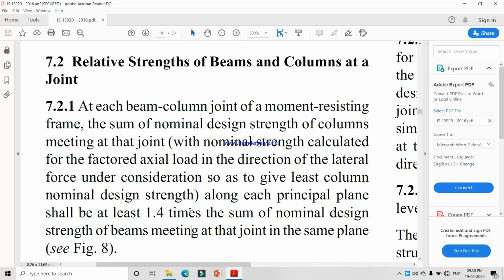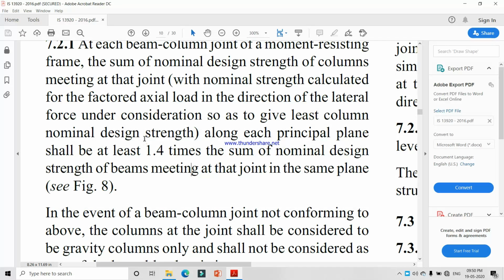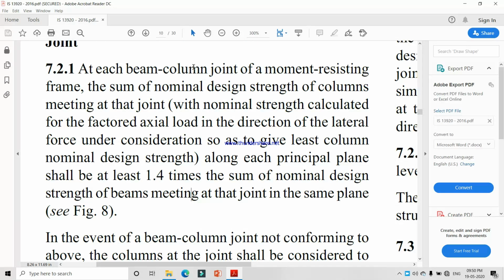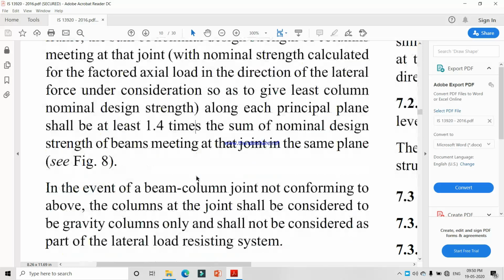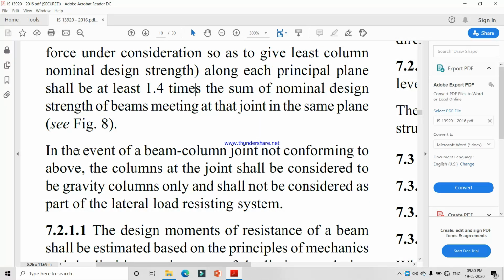For the strong column and weak beam condition, we have to strengthen the column 1.4 times greater than the beam. In the event of the beam column joint not conforming to the above, the column at the joint shall be considered a gravity column.